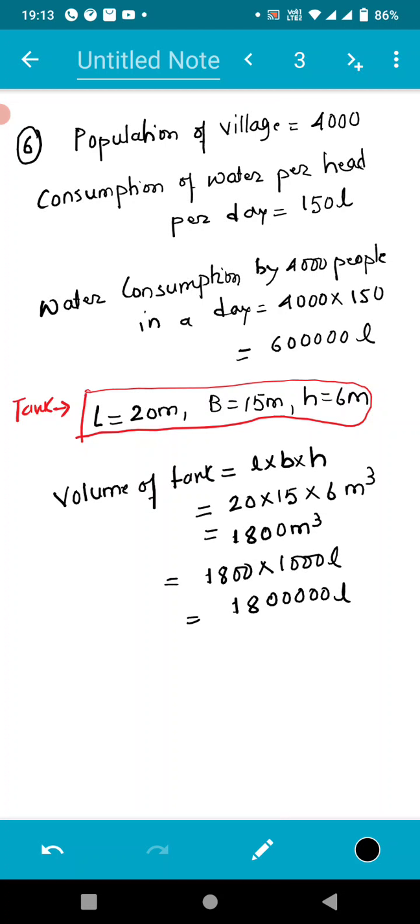Now at last they have asked for how many days will the water of this tank last. So it's an easy question. If in one day 6 lakh liter is consumed by the people, so 18 lakh liter will last for how many days? It's a very easy calculation. So water will last is equals to 18 lakh by 6 lakhs.